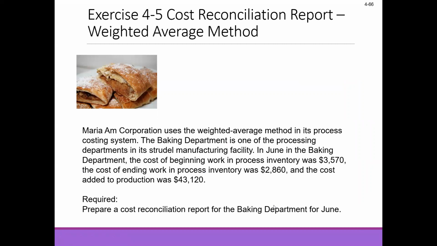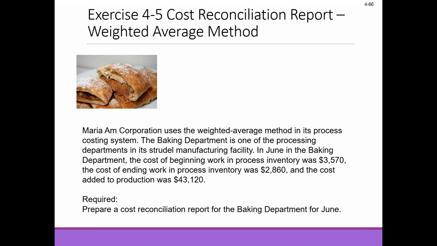So, reconciliation report. Maria AM Corp uses the weighted average method in its process costing system. The baking department is one of the processing departments in its strudel manufacturing facility. In June, in the baking department, the cost of beginning work in process was $3,570.